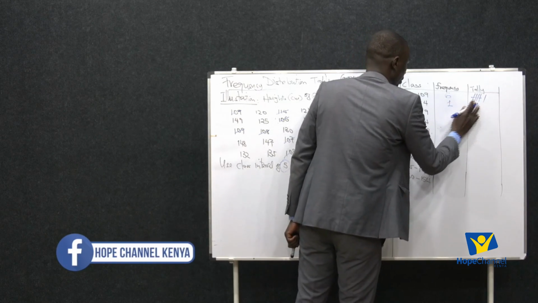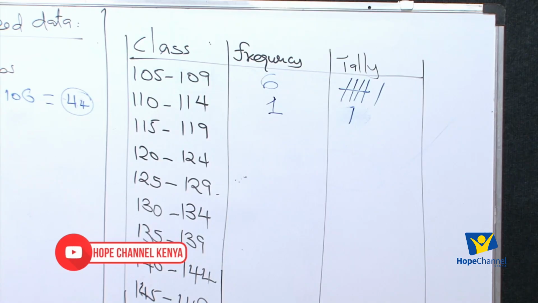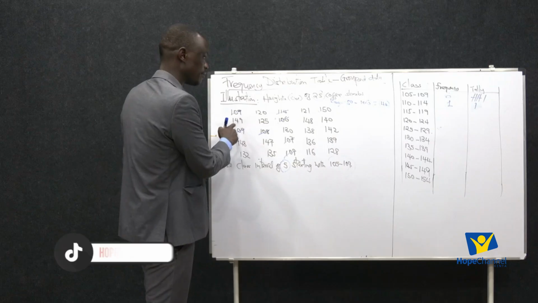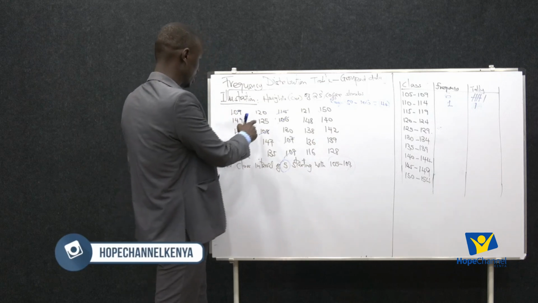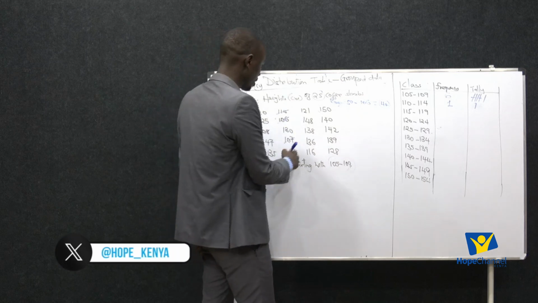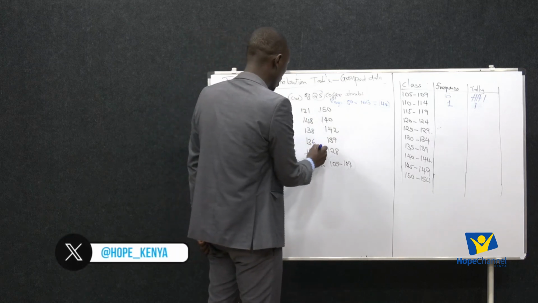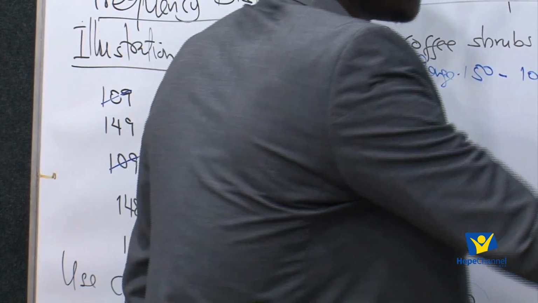Then 115 to 119. So we can see 1. Good. So here is also 1.